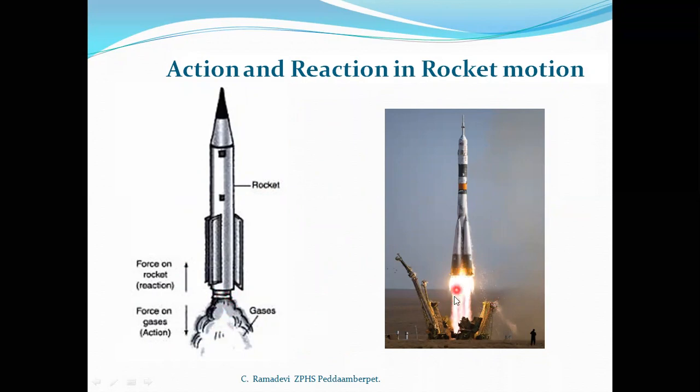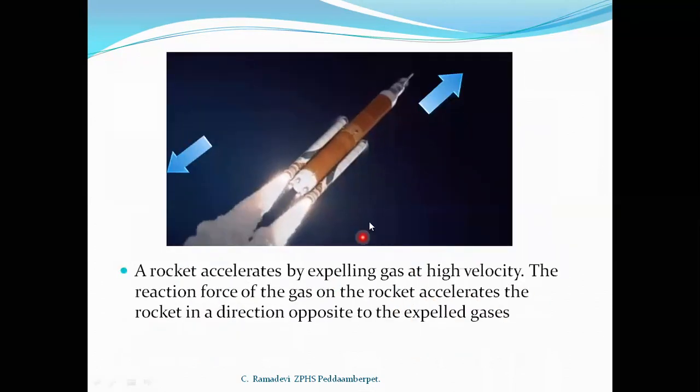Thus, the rocket exerts a force F on the gases to expel them backwards through the nozzle. The outgoing gases exert an equal and opposite reaction force R on the rocket, due to which it moves in the forward direction. In the next picture we see that the rocket moves.